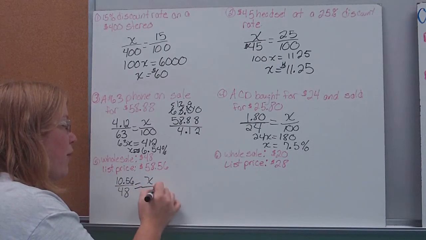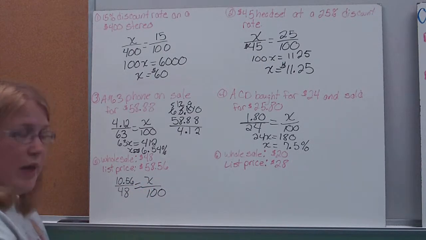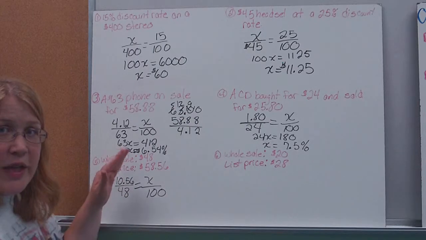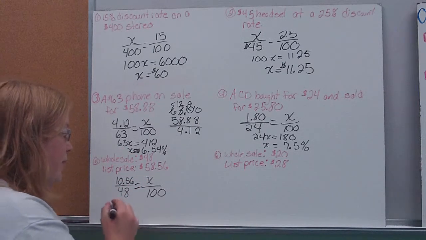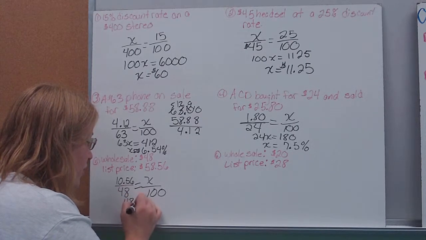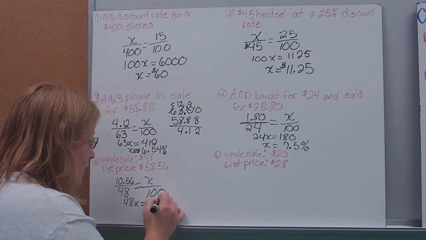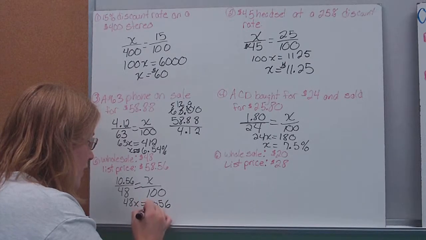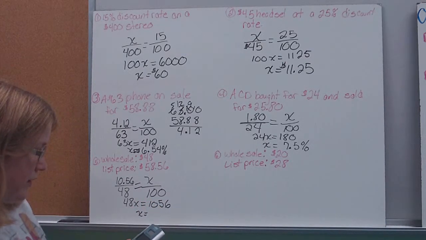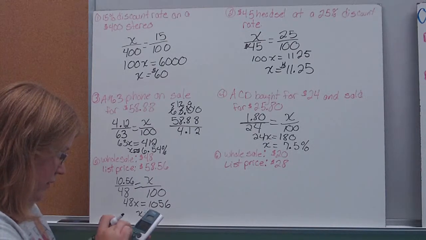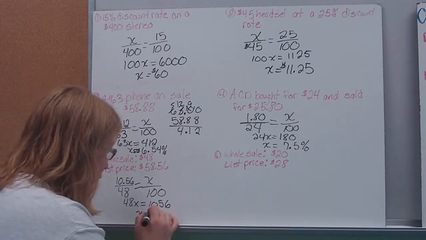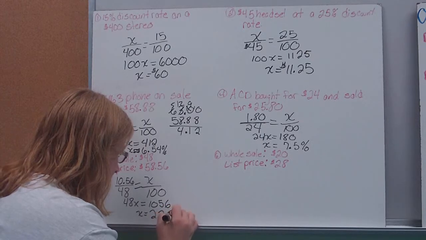I want to figure out what percentage that is. Okay? So that makes sense. We're taking the difference, we're putting it over our original or our wholesale price. So again, we're just going to cross multiply. And when I solve this, I wind up with 22%.